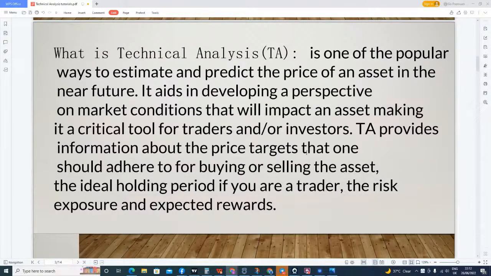TA provides information about the price target that one should adhere to for buying or selling the asset, the ideal holding period if you are a trader, the risk exposure and expected rewards. So this is the overall definition of what technical analysis is all about. And as a trader, once you are good at this analysis, you will be profitable.